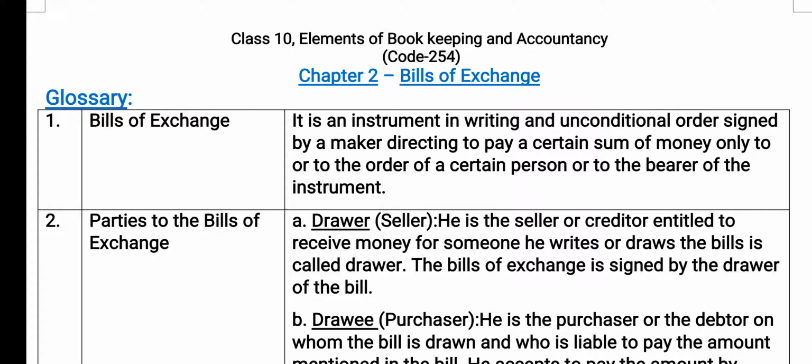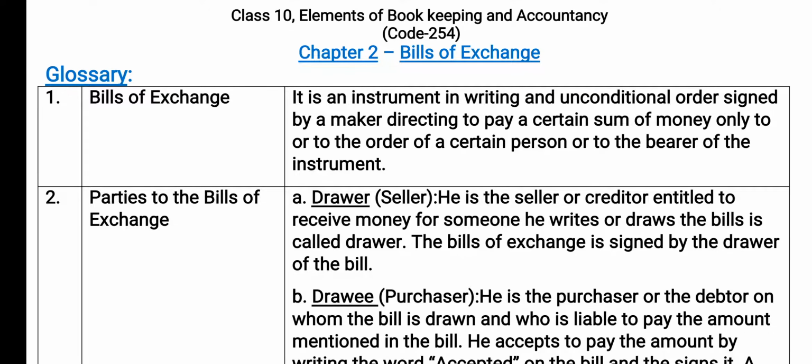So bills of exchange is an instrument in writing, an unconditional order signed by a maker directing to pay a certain sum of money only to, or to the order of, a certain person or the bearer of the instrument.